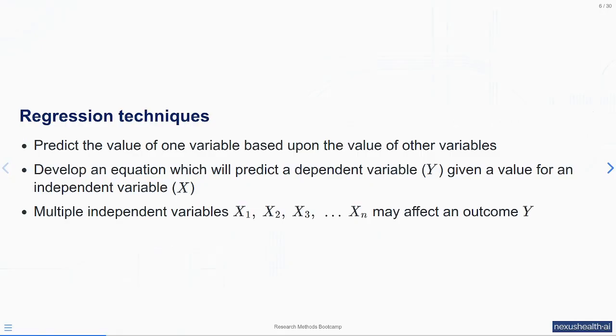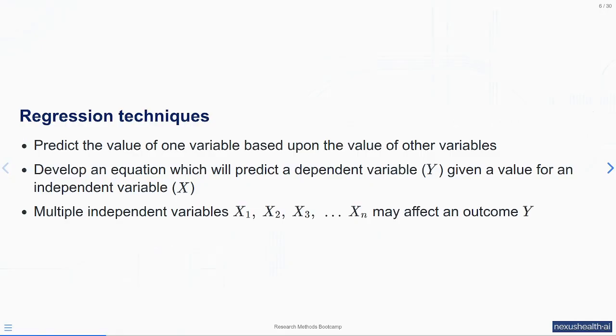But overall, we use regression techniques to predict the value of one variable based upon the value of other variables. And to do so, we develop an equation which predicts a dependent variable y, given a value for an independent variable x. And then we extend this to look at multiple independent variables, x1, x2, x3, and so on, all the way up to xn, that may affect that outcome y.